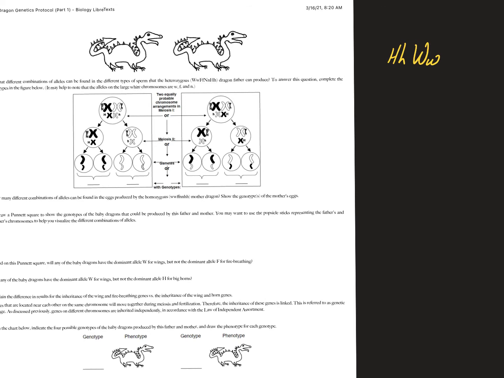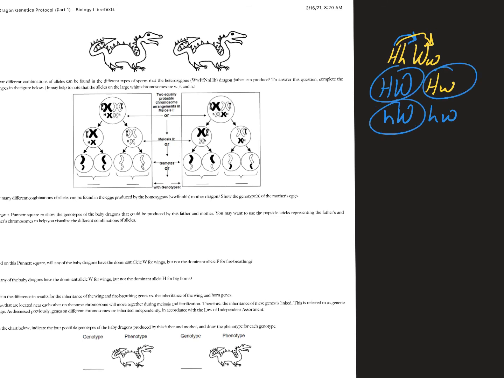We would do FOIL, and we'd see this could produce a gamete that has big H, big W, a gamete that has big H, little w, and we've done this before several times. It can also produce little h, big W, and little h, little w. So there's 4 different gametes, 4 different sperm or eggs that it could produce, and we've talked about that.